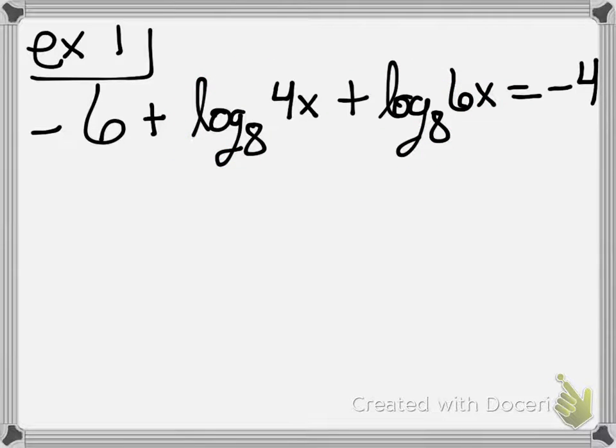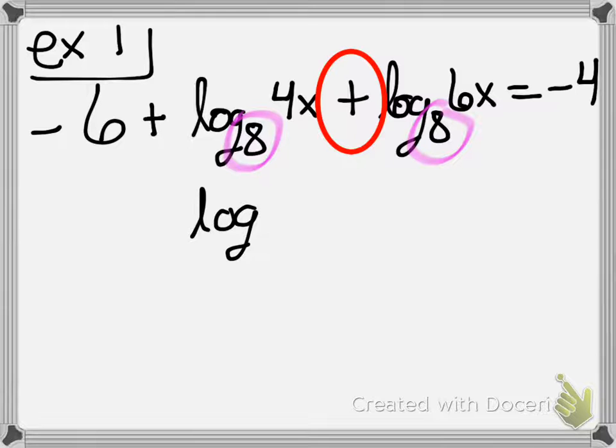Now the logs are being added together, so what we're going to do, since they have the same base, we can combine them to be one logarithm, and we are just going to multiply the 4x and the 6x.